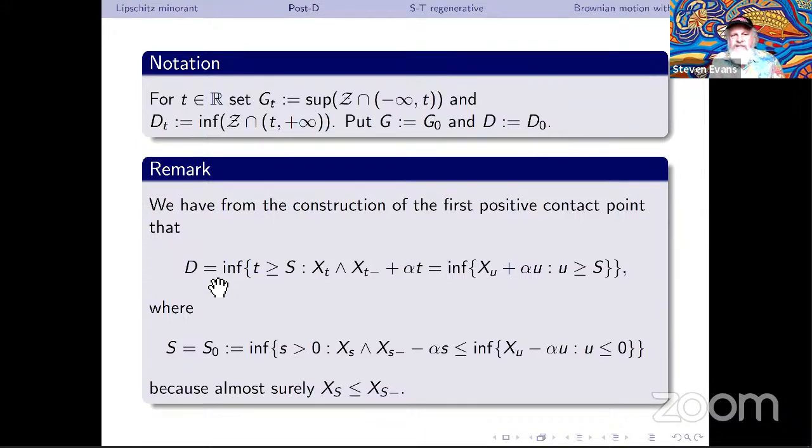And just reminding you of this construction that we had, that had nothing stochastic about it, D was this infimum of times after this time S. So it was the first time that the process hit its ultimate infimum after S, where S is this stopping time, the first time that this process hit its infimum overall negative times.